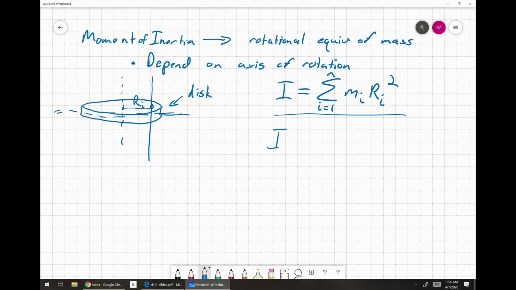And so if we do have some disk here, we expect the moment of inertia is going to be 1/2 the mass of the disk times the radius of the disk squared. And so we can compute a theoretical value for moments of inertia, but we want to actually calculate experimentally what they are. And so for that, we have to look at torques.